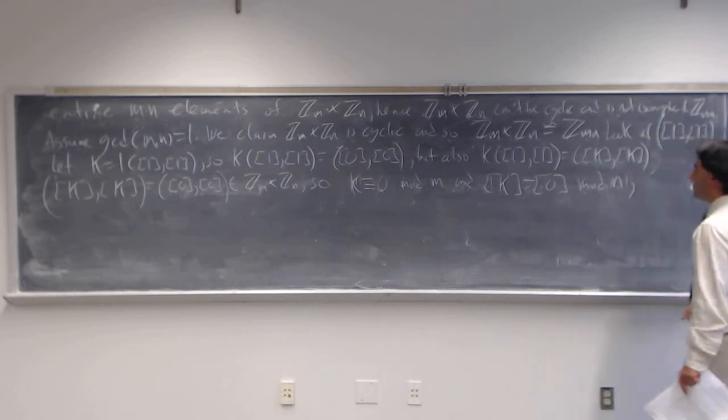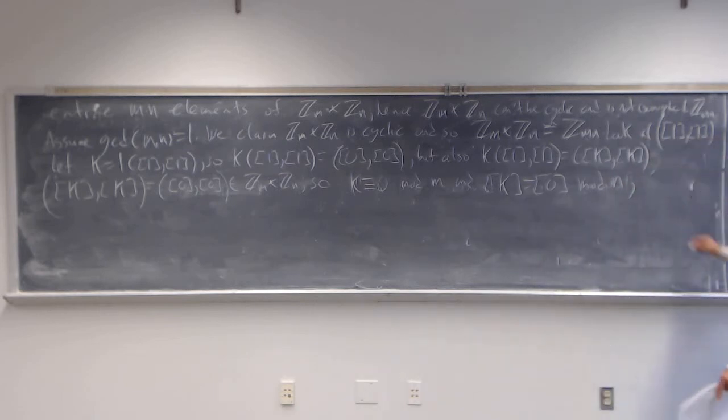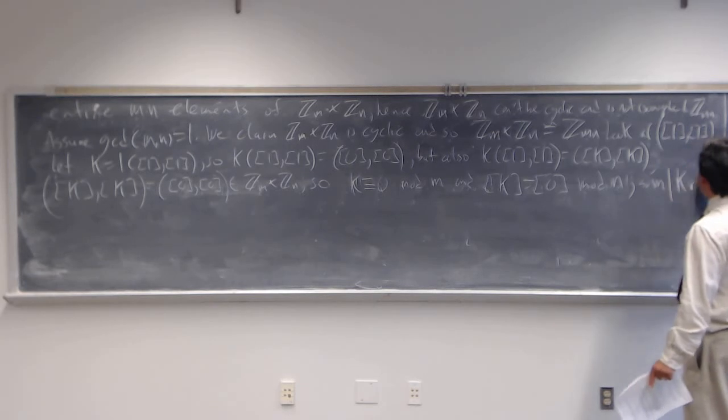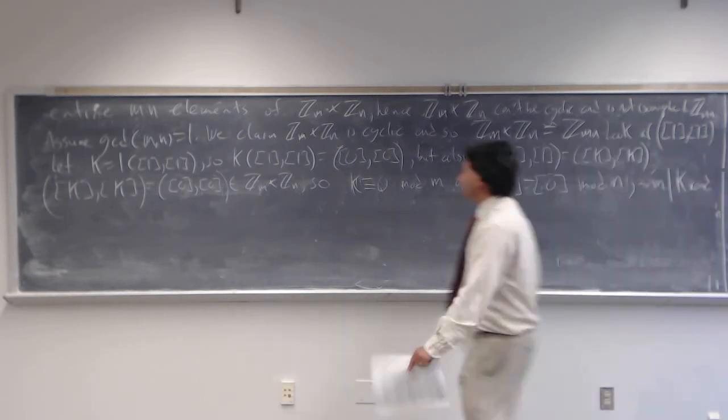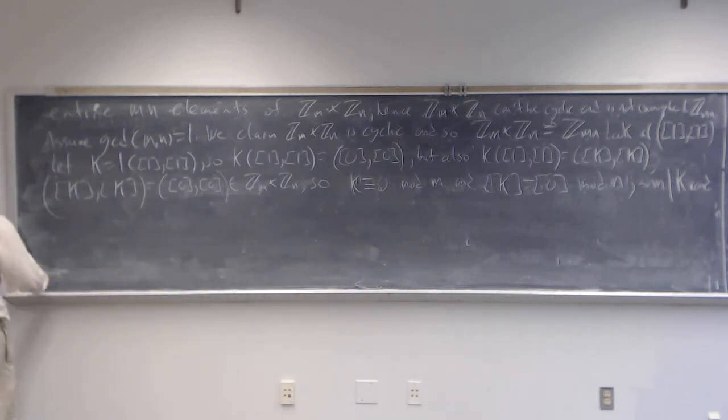So what does that mean? With integers mod n, if something's 0, that means the modulus has to divide it. So m divides k, and n divides k.